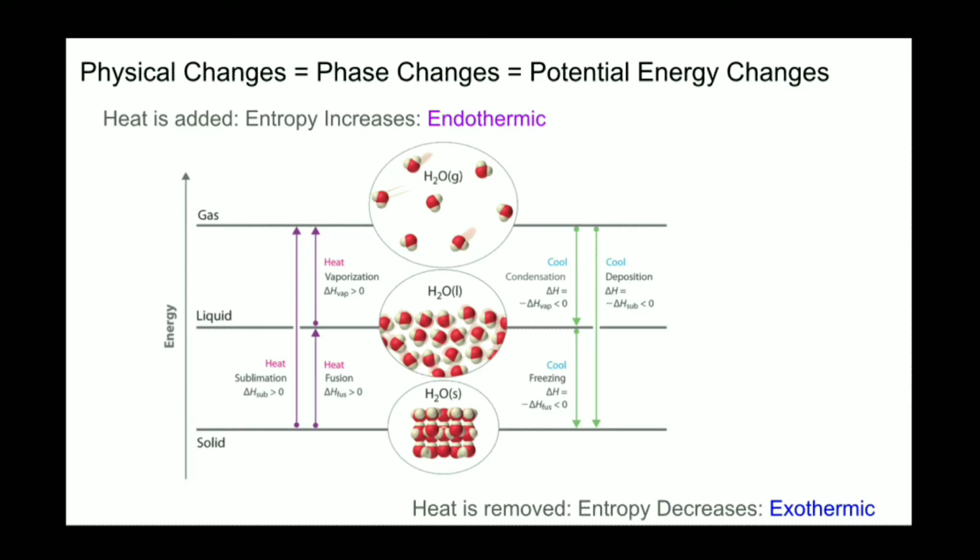You must add heat energy to cause something to sublime, so this is endothermic. So fusion, vaporization, and sublimation are endothermic phase changes, while condensation, freezing, and deposition are exothermic.